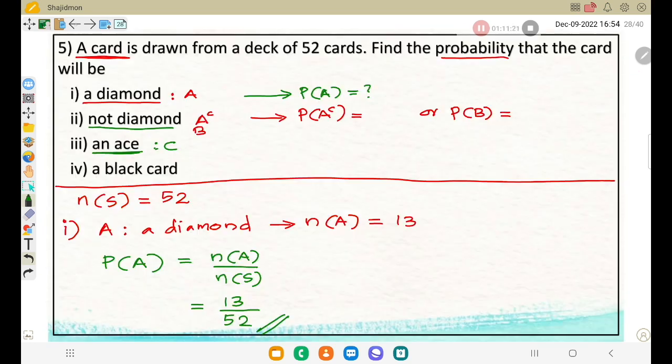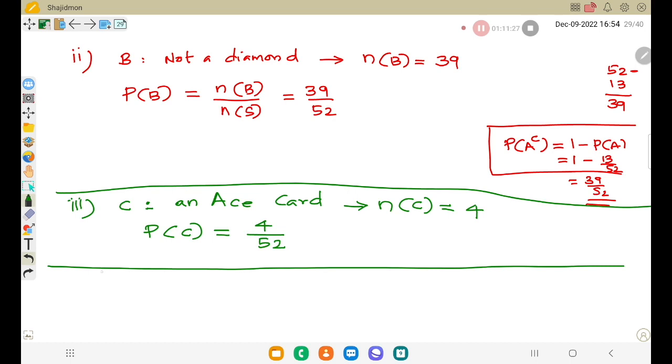That is an easy idea. Now a black card, I am taking it as D. So fourth one, D, a black card. How many black cards are there? Number of D, number of black cards, number of outcomes favorable to D. We have 26 black cards, correct?